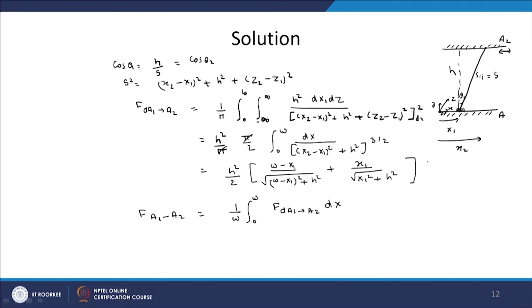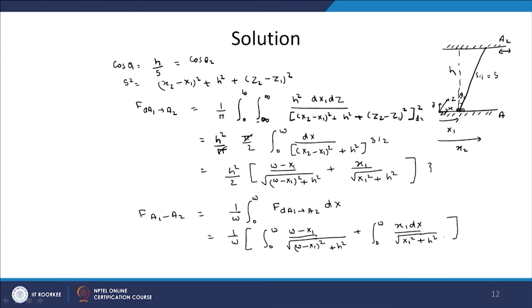We substitute the value of F dA1 A2 from the previous expression, and we get 1 upon W, integral 0 to W of (w minus x1) upon root of (w minus x1) square plus h square, and then similarly integral 0 to W of x1 dx1 upon root of x1 square plus h square.